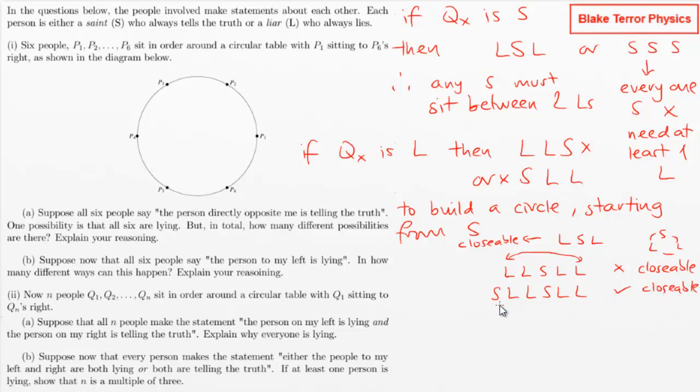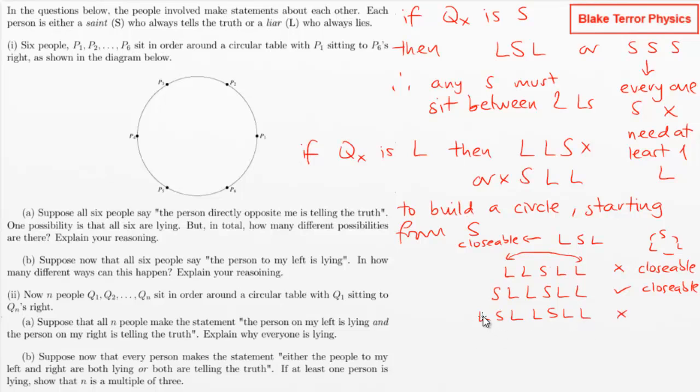Then we know what's got to go. We've got to have an L at that end and an S at the other end. Which one are we going to want? Let's go there then. L, S, L, L, S, L, L. Is that closable? No, again, because we'd have three L's in a row, so we can't have that one.